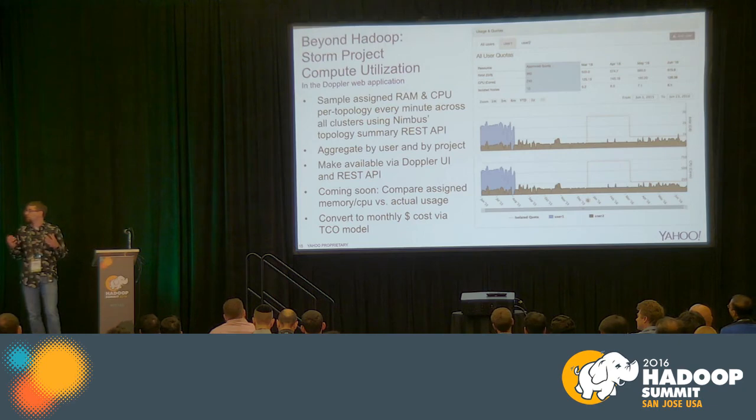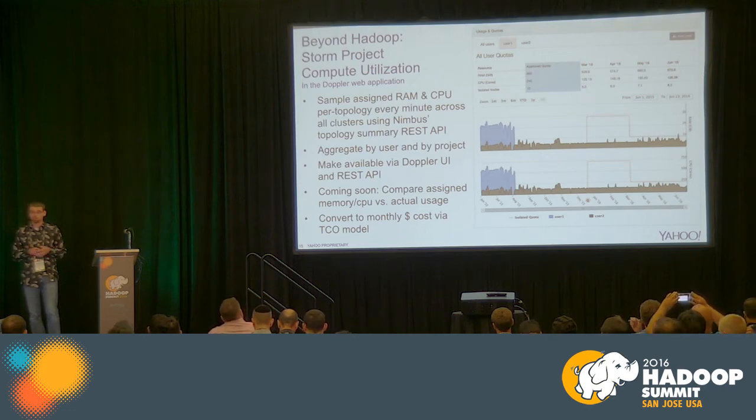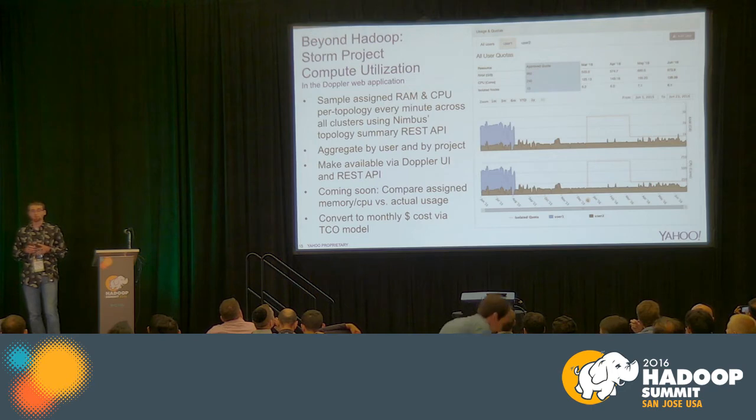So spurred on by all of this, we then turned to Storm and tried to apply a lot of the same techniques to our Storm clusters. We sample RAM and CPU per topology per minute across all of our Storm clusters. We do this through Nimbus's topology summary REST API, and we aggregate it by user and by project.